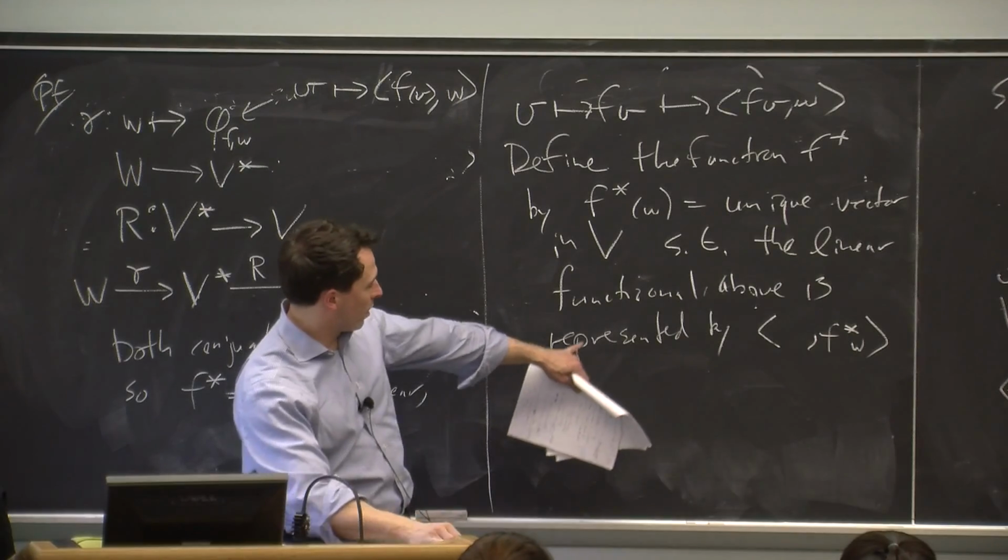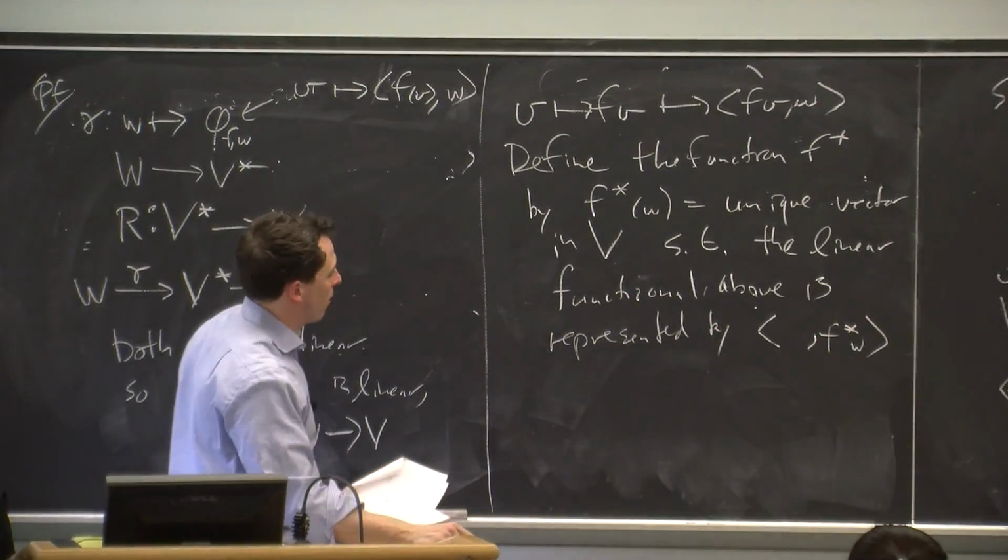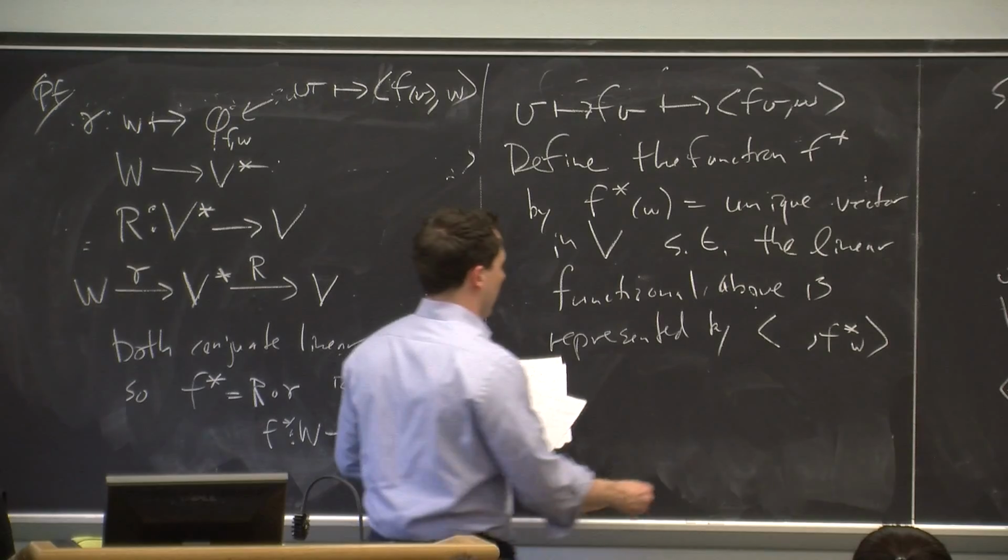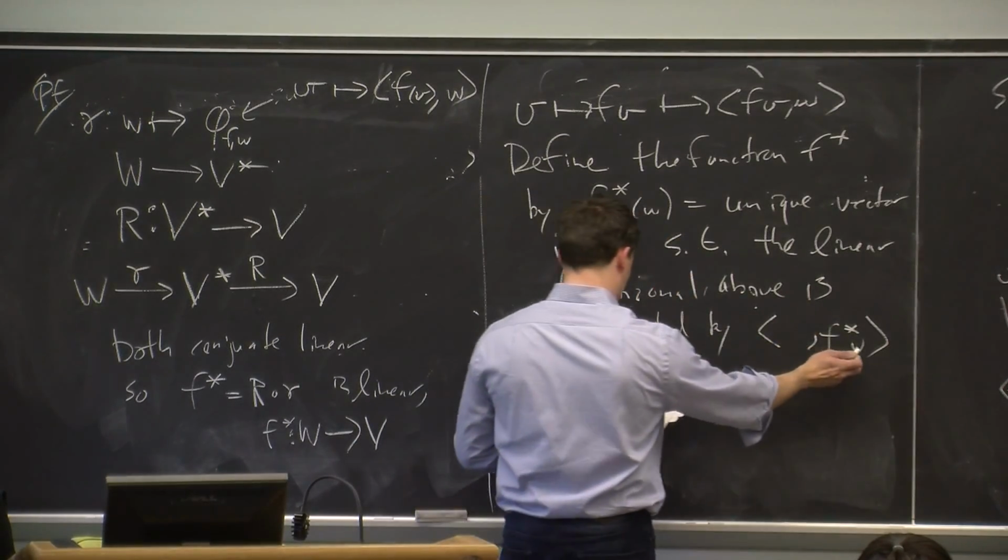We knew that such a representation exists by the Riesz representation theorem. So such a thing exists, and we're just defining the function F star of w to be equal to that.